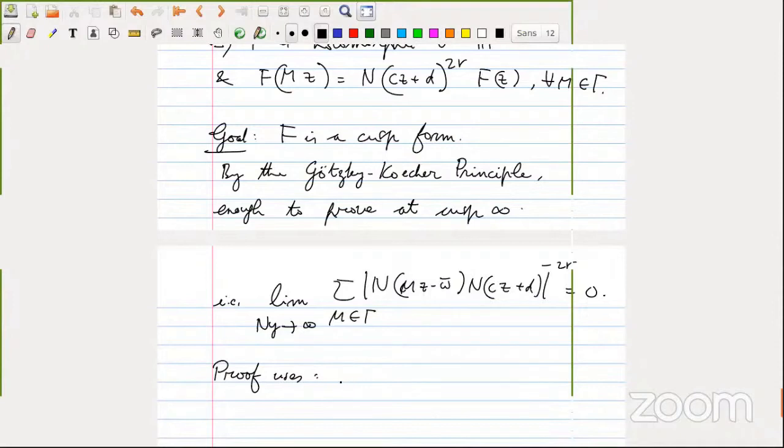Maybe I can just leave this proof. I can refer to Freitag, this proposition.